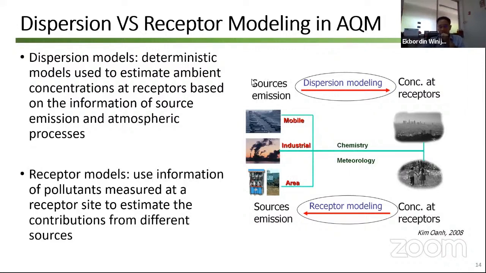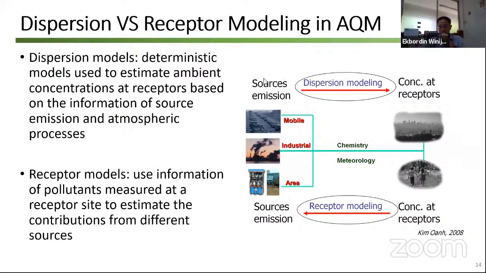So we're interested in the source, and another thing we're interested in is the concentration at the receptor. How much concentration will be reached, like for people, or maybe which city or something like that. So there are two types of model, as I told you here, dispersion and receptor model.